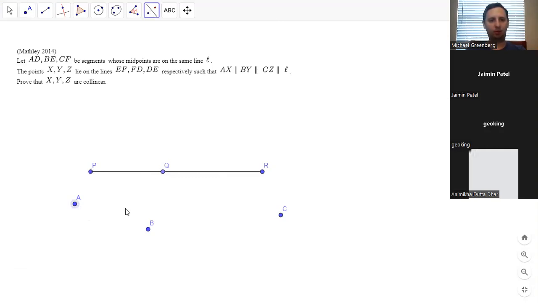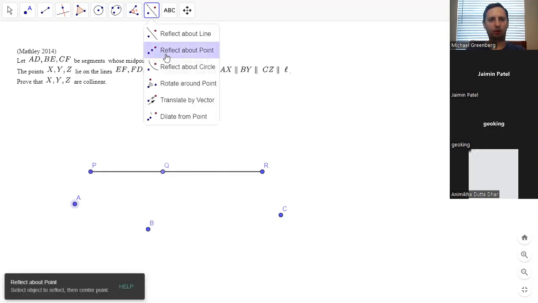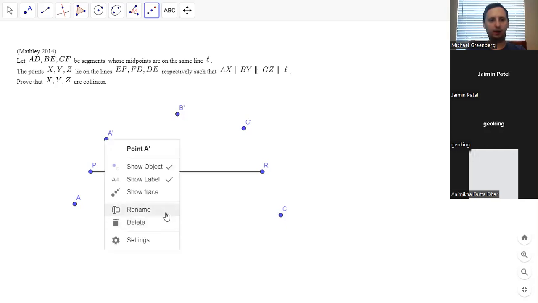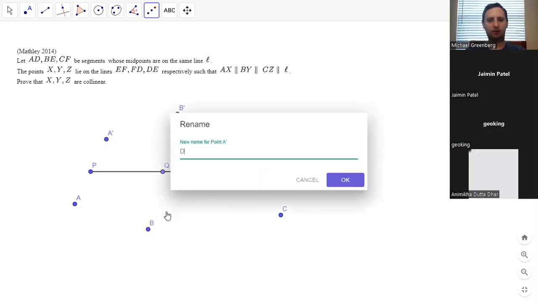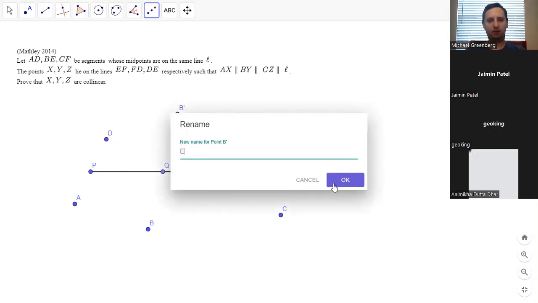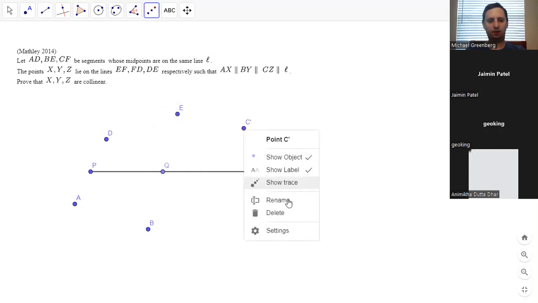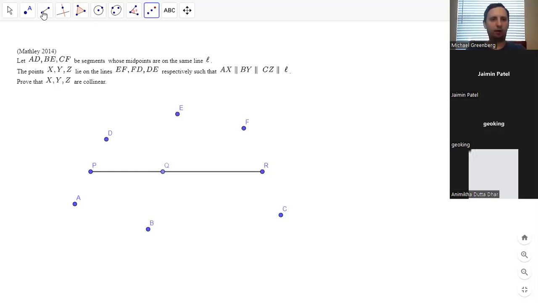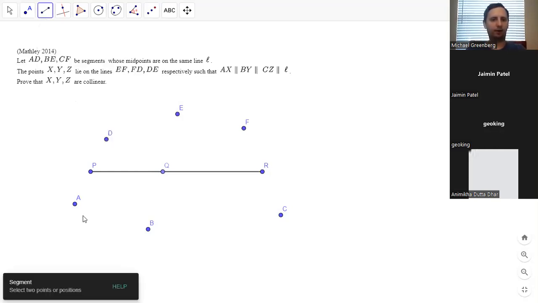Oh, whoops, I want to reflect across a point. So this will be D, E, and F. All right. And then we draw the lines DE, DF, and BF.